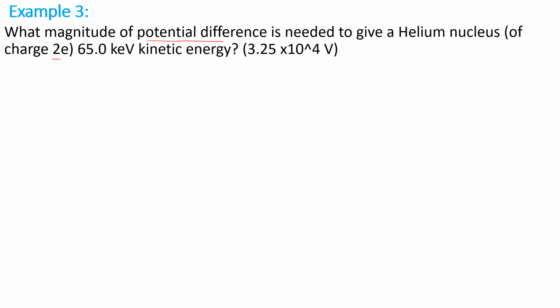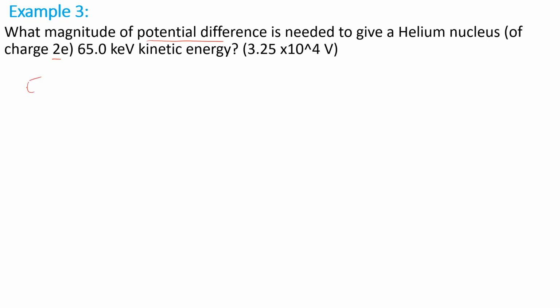Here we need to know that if the particle was initially at rest in the electric field, then it has electric potential energy, and if a potential accelerates it to a certain velocity, it means that electric potential energy has been converted into kinetic energy. That's conservation of energy.